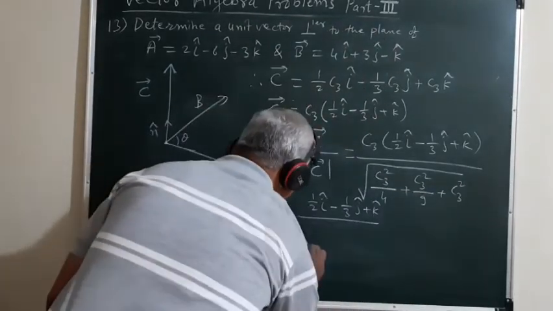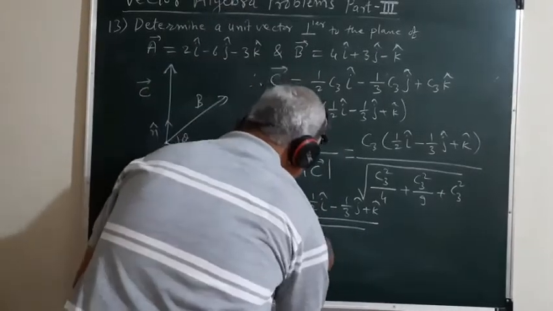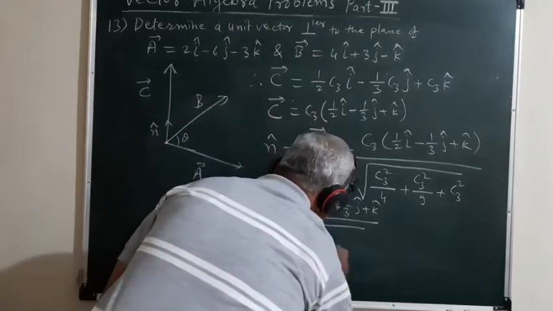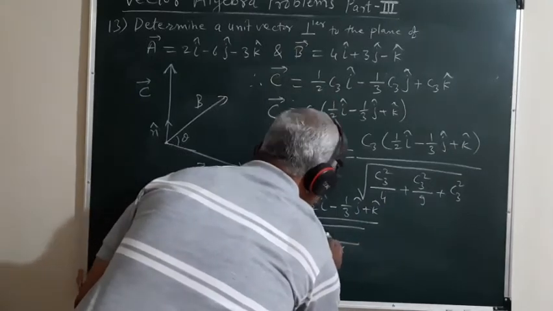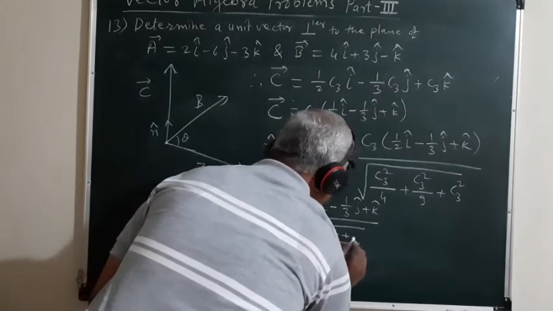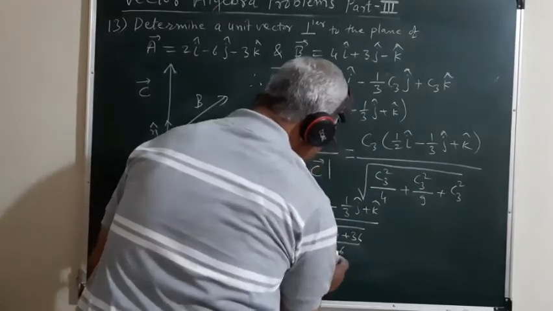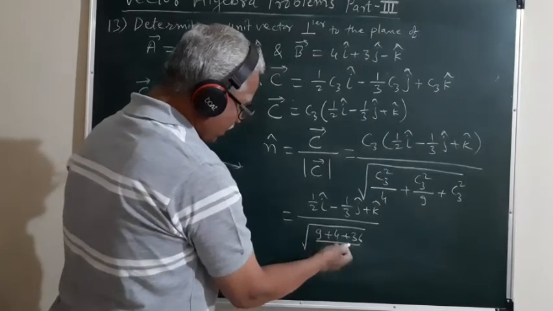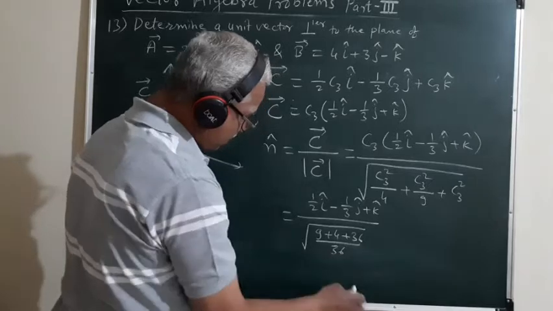So this works out to be equal to 1 by 4 plus 1 by 9. So LCM will be 36. So it is 9 plus 4 plus 36. So this is 36 plus 4 is 40 plus 9 is 49. Square root of 49 is 7 and square root of 36 is 6.